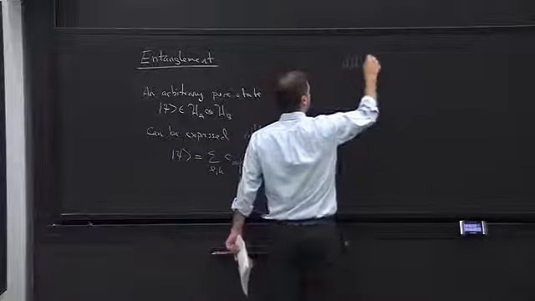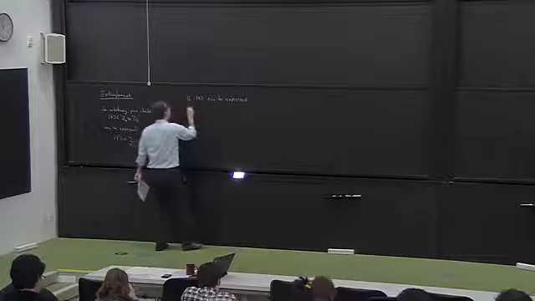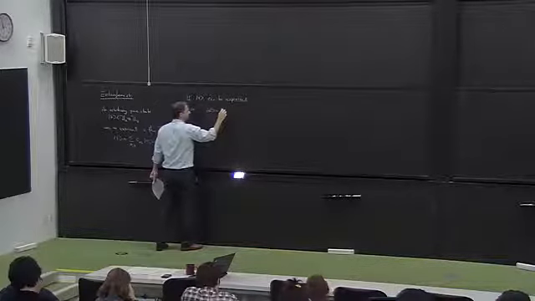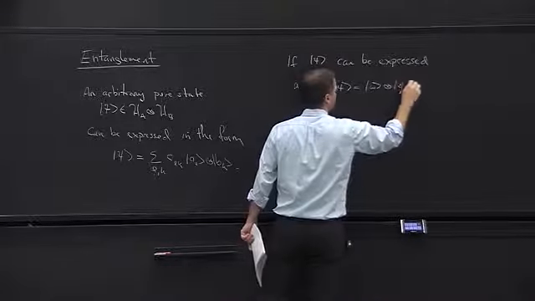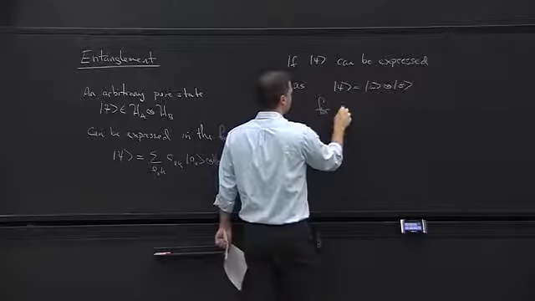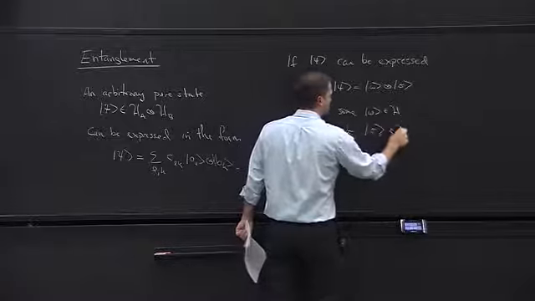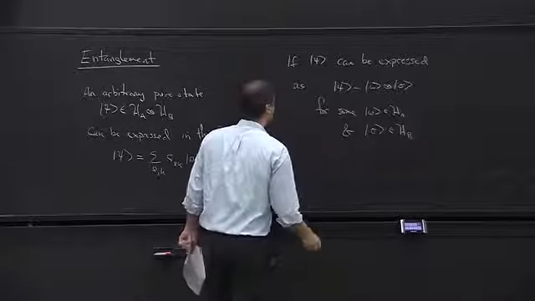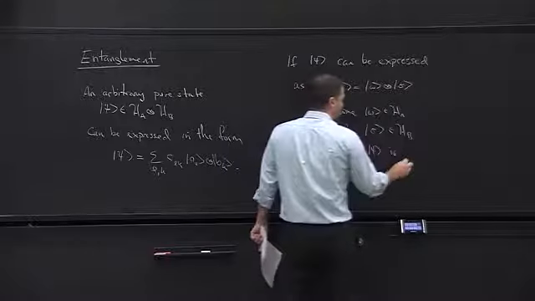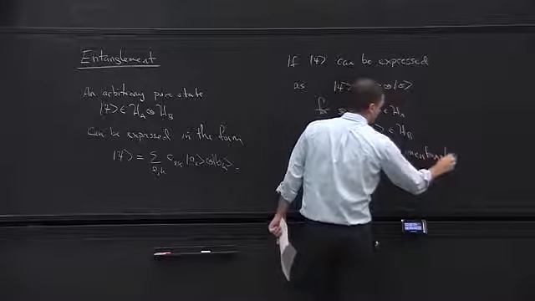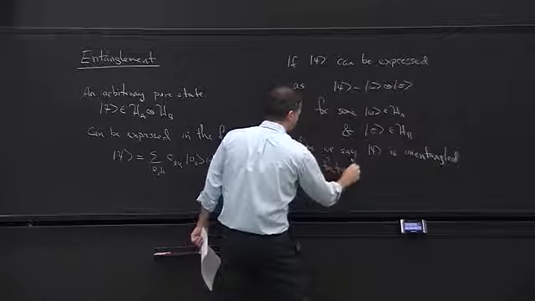Now, if psi can be expressed in the form omega cross sigma, for some omega in HA and sigma in HB, then we say psi is unentangled, or factorable, or a product state.